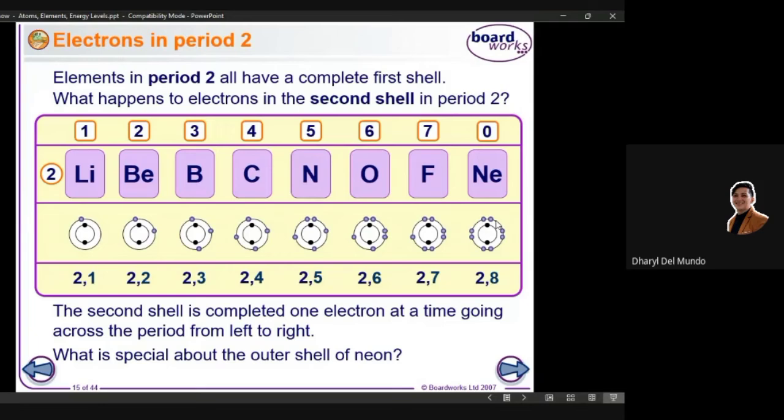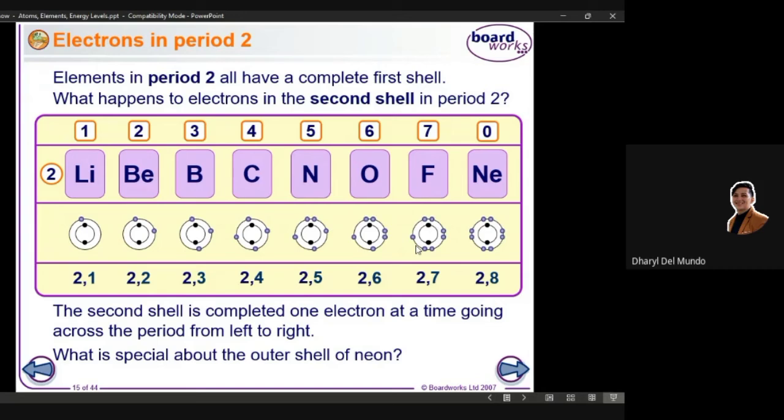It's like you are a man, a human being that has a lot of things in life. It means you do not need any more. Unlike lithium, beryllium, boron, carbon, nitrogen, oxygen, and fluorine, they lack something. Remember this, class. Atoms have an octet rule.